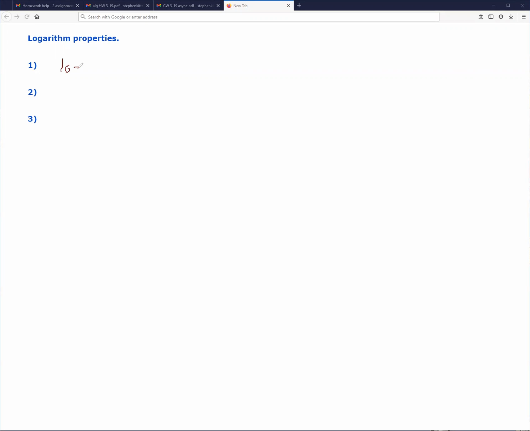So the deal is, suppose we have some log of, and we've got numbers on the inside that are multiplied. It turns out that this is the same thing as if we wanted to write two separate logarithms of that base with them added together and taking the two factors separately.